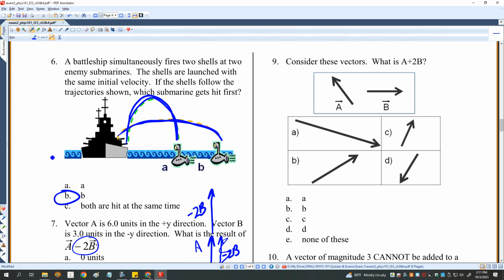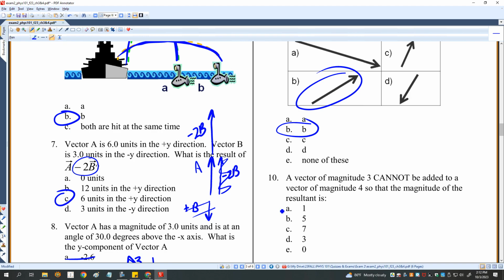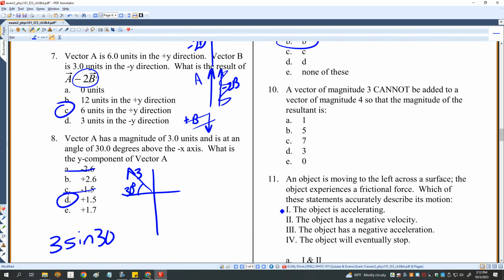Here, what is A plus 2B? So again, we're doing twice the vector, so that's B, and then that's 2B. So the sum is going to look like that, which is the same as that one. So that's the answer. A vector of magnitude 3 is added to a vector of magnitude 4.